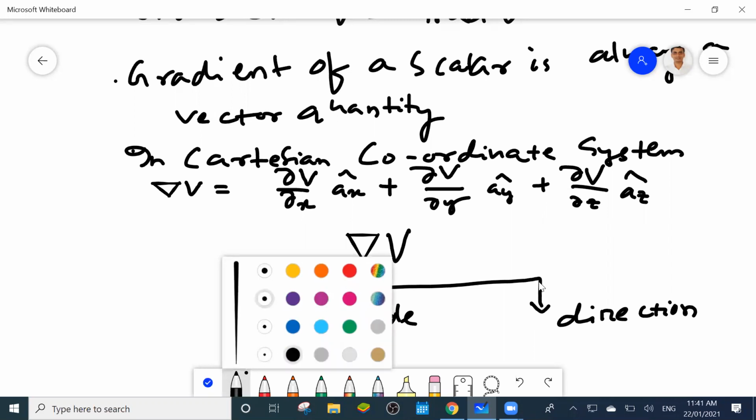Suppose they ask, what does the gradient of V represent? In an interview they will ask. So what will you say?